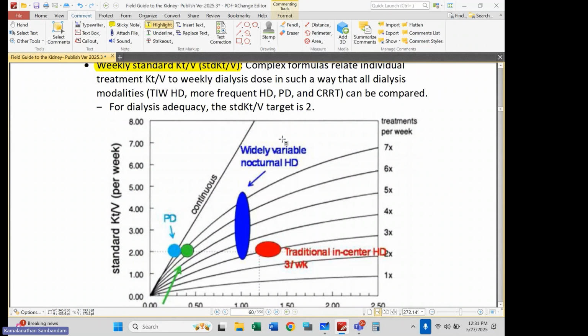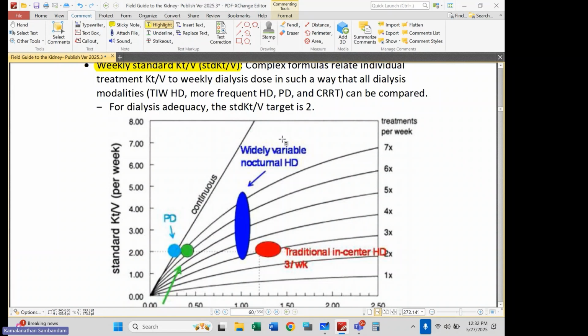If I can give you an intuition about these standard weekly Kt/Vs, this would allow one to dose dialysis across different frequencies and achieve roughly the same urea concentration just prior to your dialysis. Okay, hopefully that makes sense.